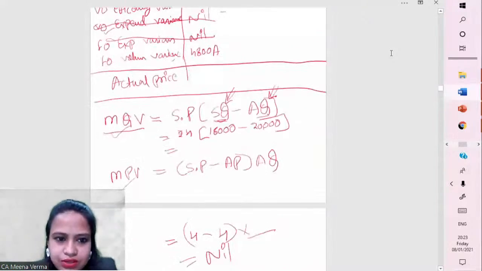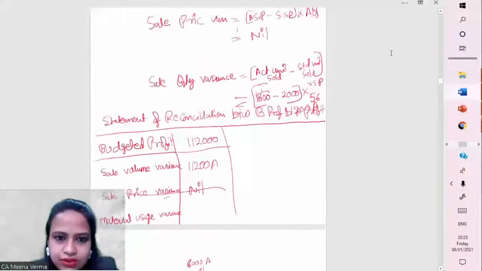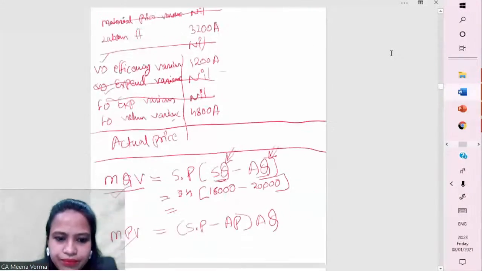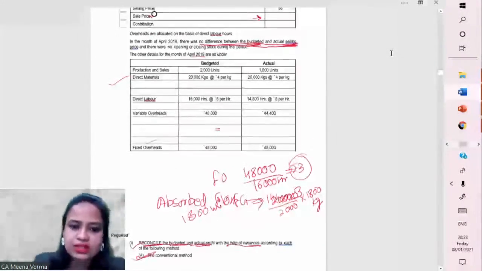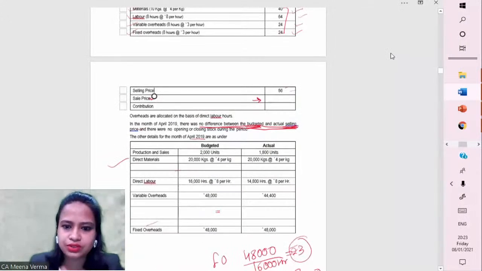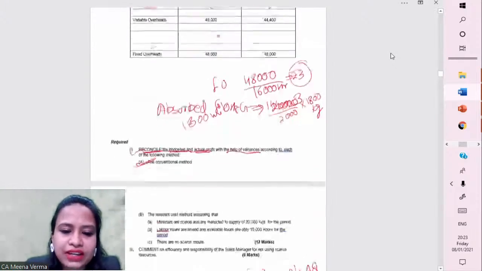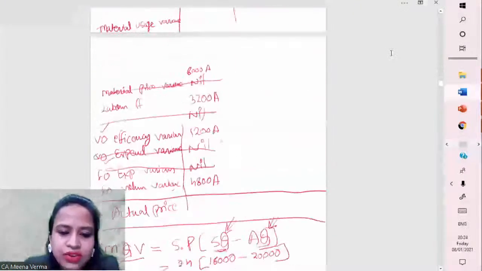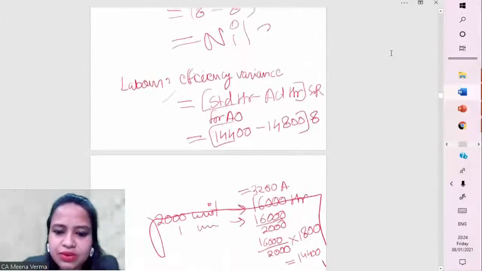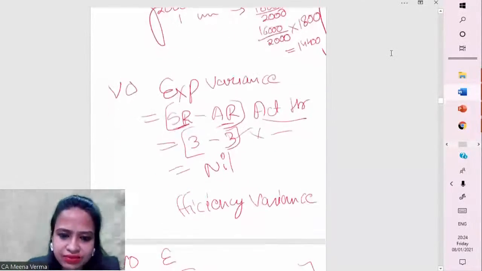Where is this? This is standard profit. See, in this case, for finding the sales volume variance, they have considered the standard profit, not the standard price.